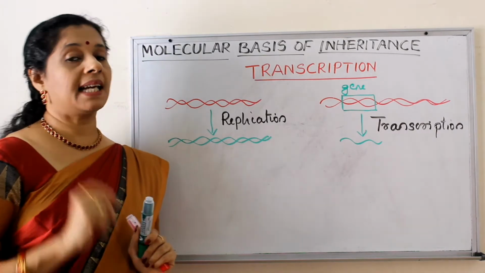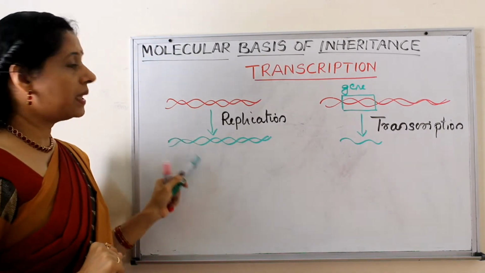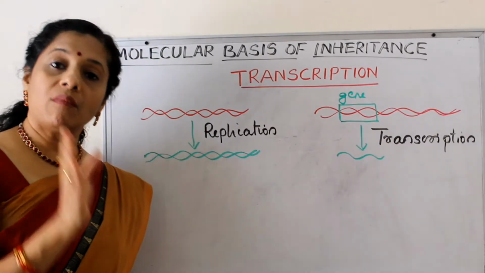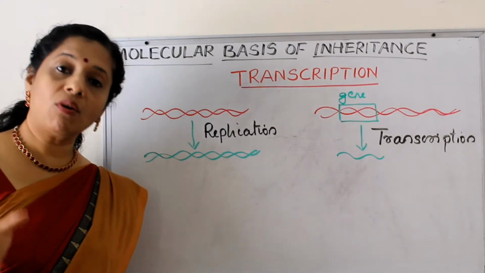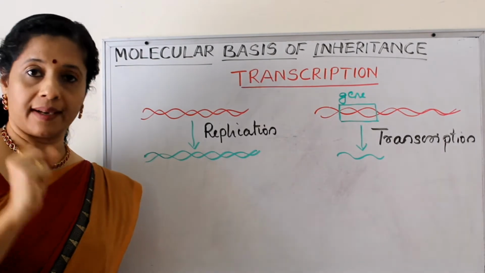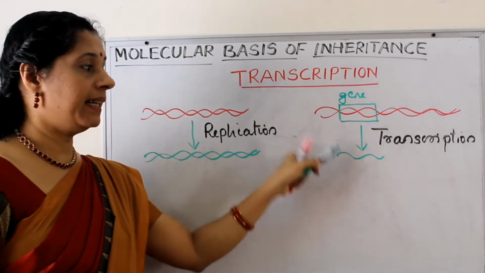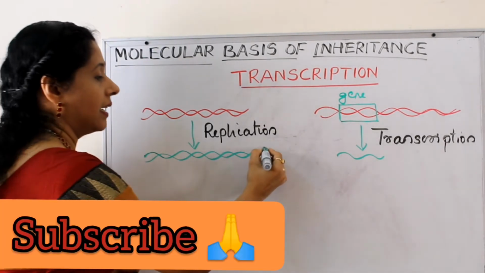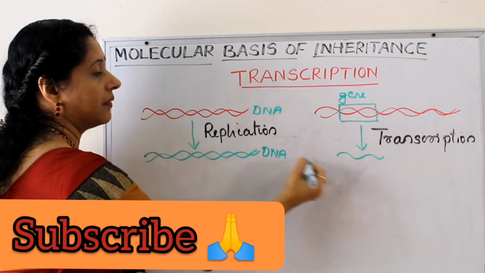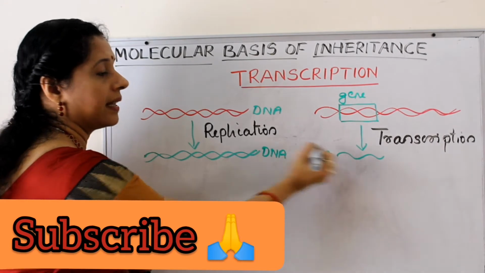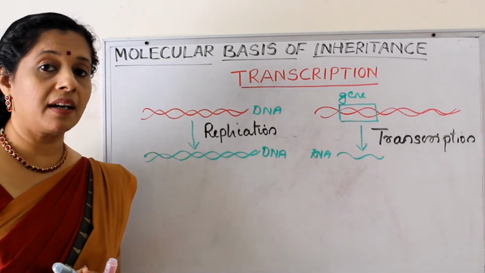Understood? The second thing, here both the strands are being copied. So from one parent DNA, there is a new DNA forming. A new DNA also should have two strands. Whereas here from one DNA, what is forming? RNA. So from here, from DNA to DNA. Here from DNA to RNA. How many strands are there for RNA?